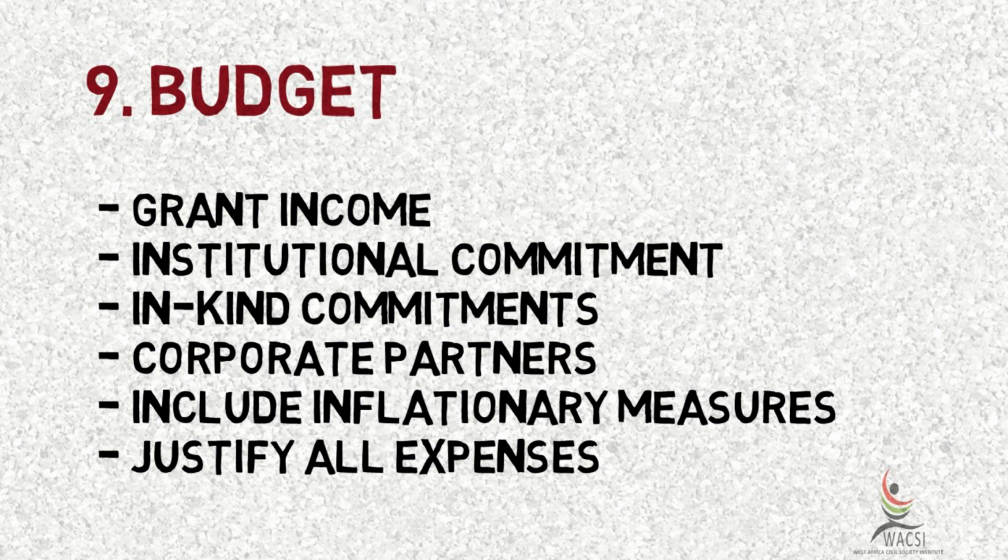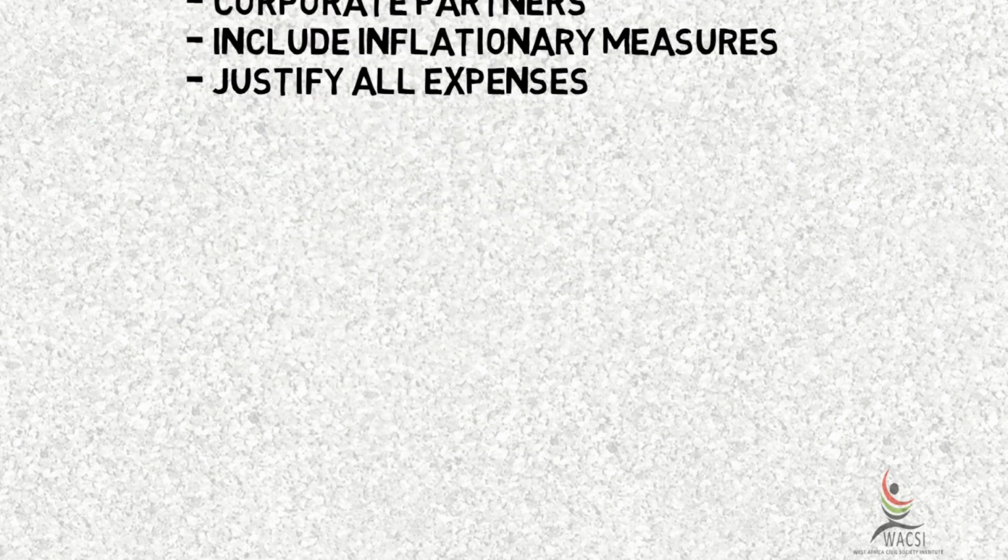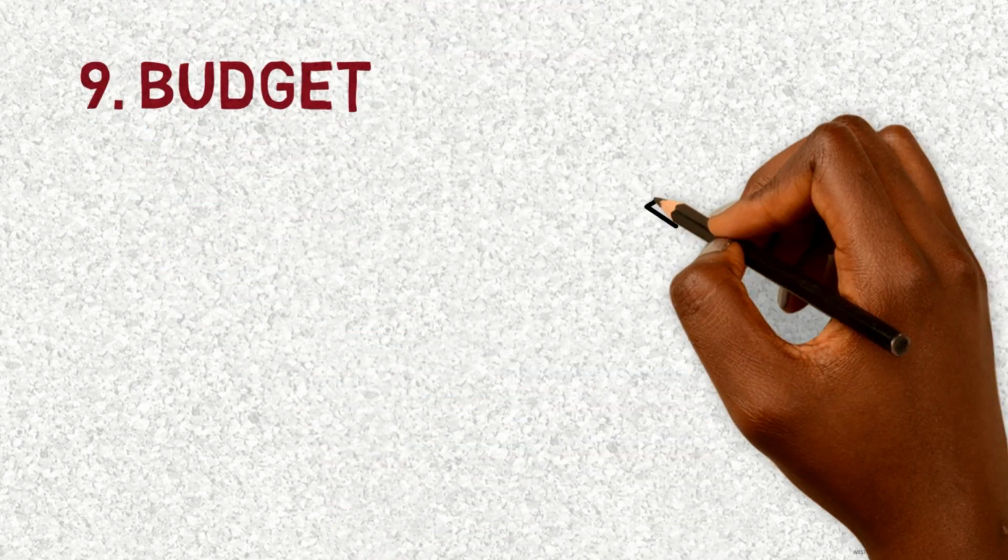Your budget should align with your specific activities, which should align with your objectives, which should also align with the statement of your problem, which then will respond to solving that particular issue. So it's important that you budget for what the project costs and not what you want your budget to be.